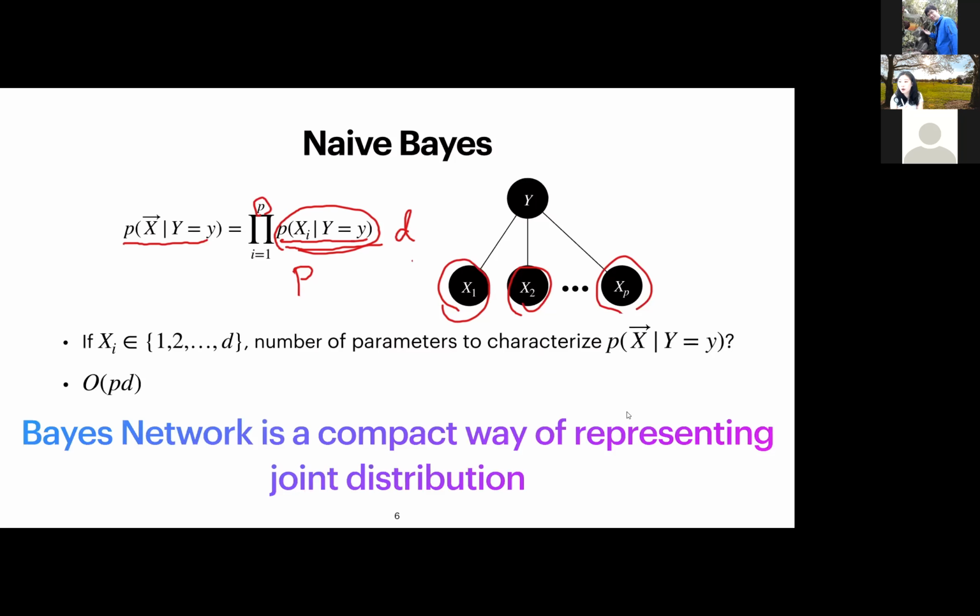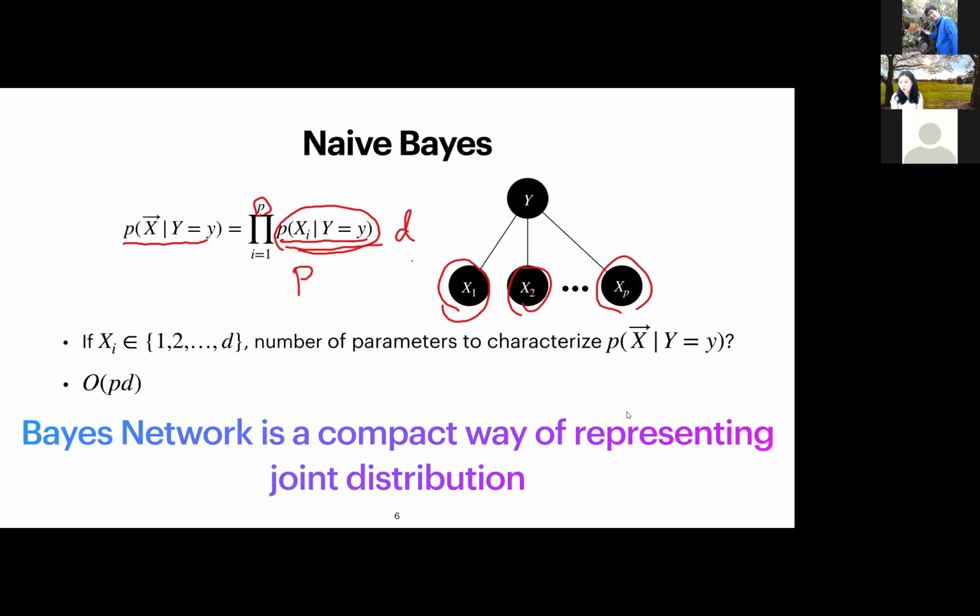Okay, so overall, a Bayes network is a compact way of representing a joint distribution. And I'm just using naive Bayes as an example. Of course, Bayes networks do not necessarily assume naive Bayes, but the architecture of the associated graphical model gives you some idea of what assumptions we are making to simplify the representation of such a joint distribution and get a more compact representation.